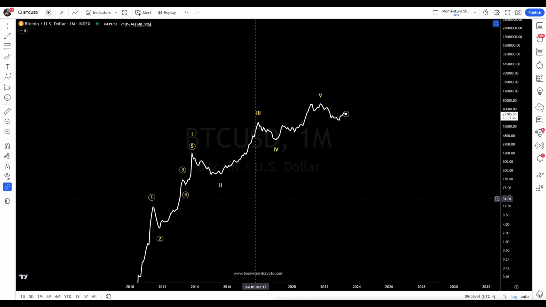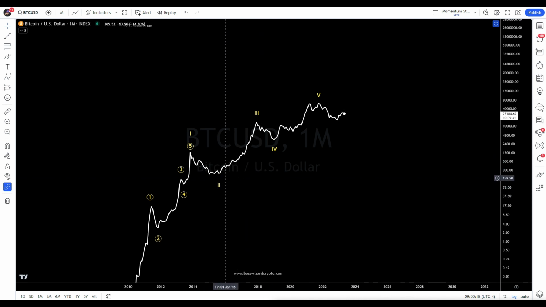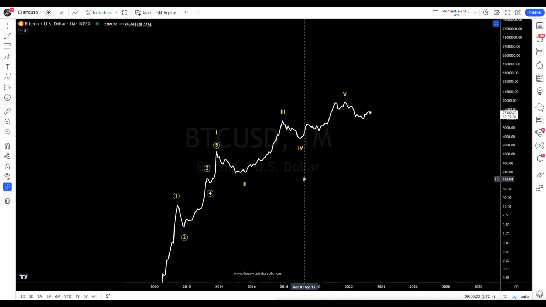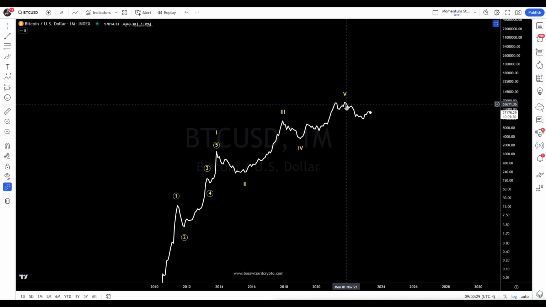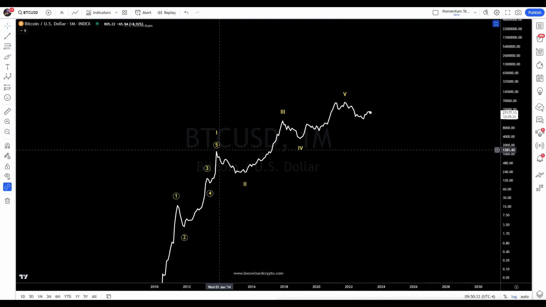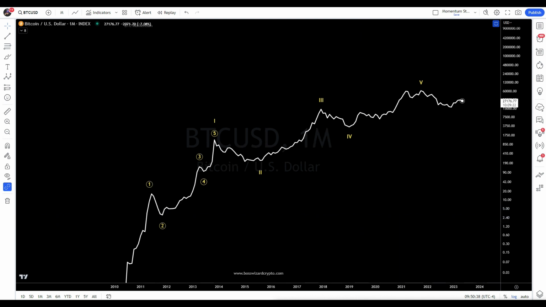Anyway, there's that. But what if we've finished a 5-wave structure, of which the only real issue, outside of breaking a rule here, which I don't really like, is the alternation.